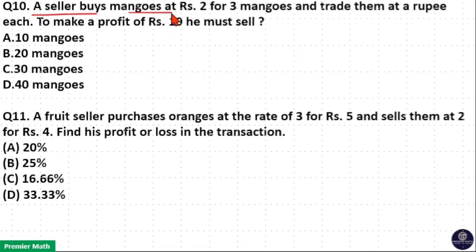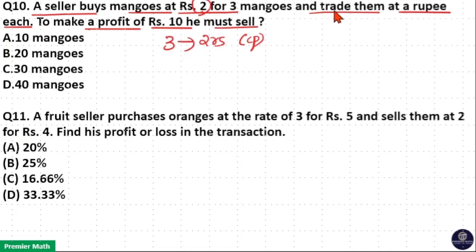A seller buys mangoes at rupees 2 for 3 mangoes and trades them at a rupee each. To make a profit of rupees 10, he must sell how many? Here cost price of 3 mangoes is 2 rupees, and he sells 3 mangoes at a rupee each, which means he sells 3 mangoes at 3 rupees.